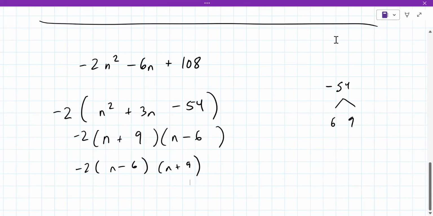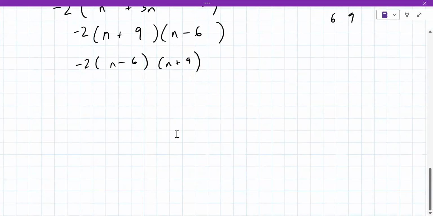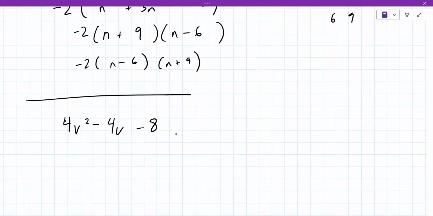All right, let's do one more before we move on here. 4v squared minus 4v minus 8. I want you to factor this for us, please. So that would be factor 4.